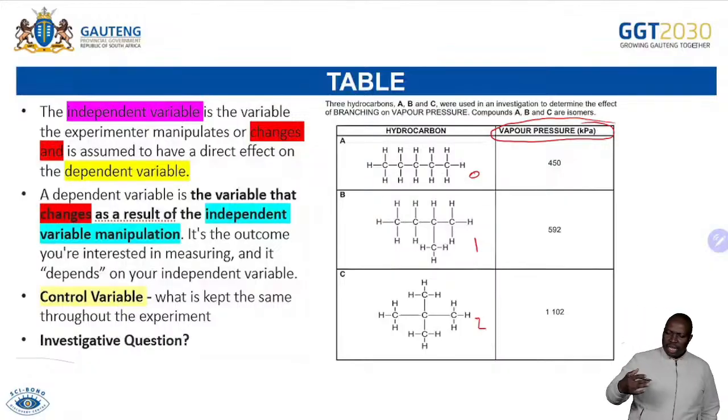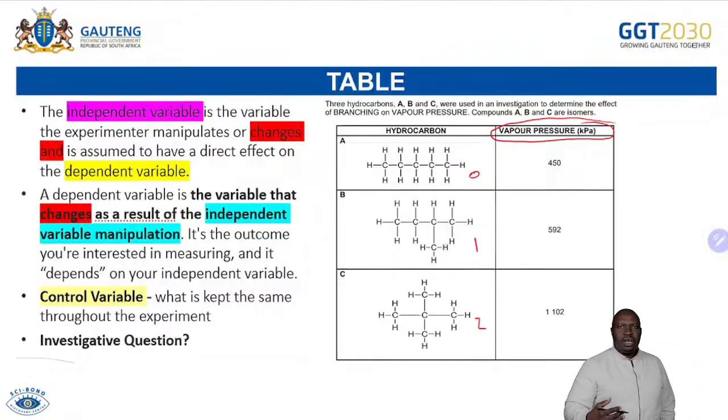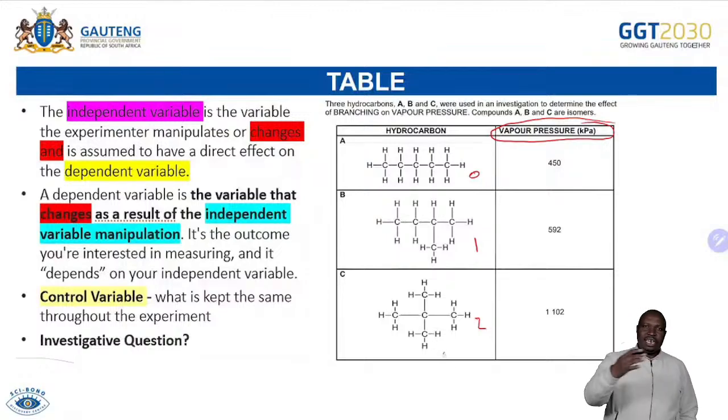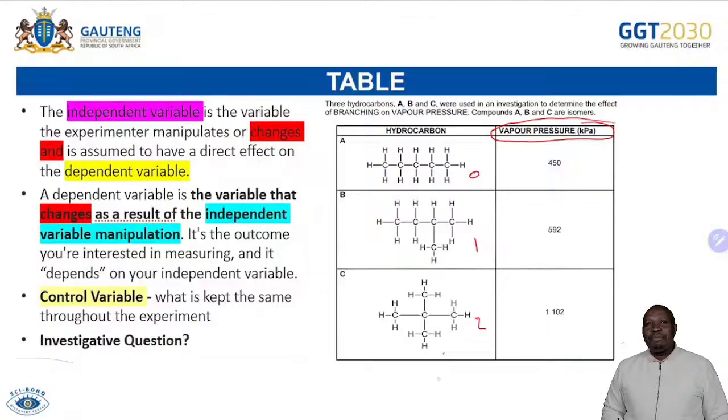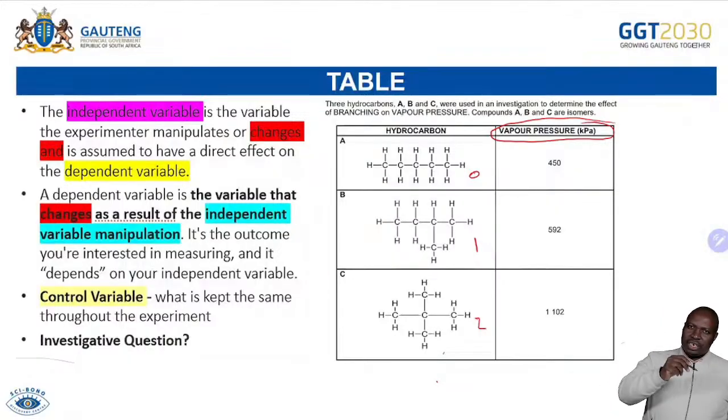So you can see that, okay, as we increase the number of branches, what is happening to the vapor pressure? You can see that the vapor pressure increases with increase in the number of branches. What does that mean to us? It means that as we increase the number of branches, the strength of intermolecular force is decreasing. And as the strength of intermolecular force decreases, less energy will be required to overcome the intermolecular force.